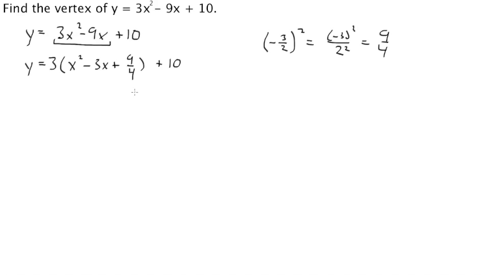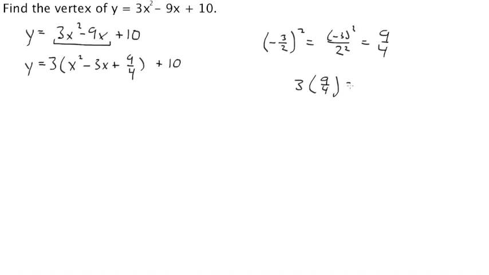Now to keep everything balanced, just like before, whatever I add in, I need to subtract the corresponding amount to keep this balanced. Notice, however, I haven't really added in 9/4 because everything in these parentheses I'm multiplying by 3. So I've actually added in 3 times 9/4.